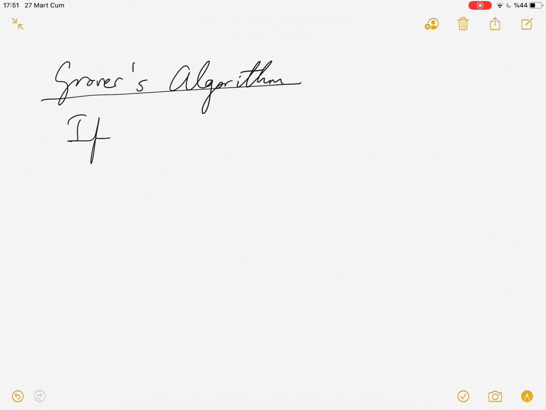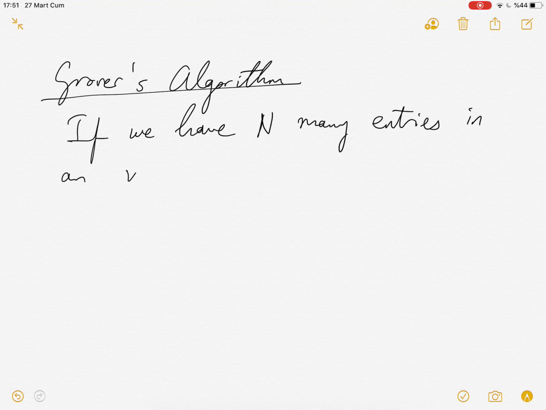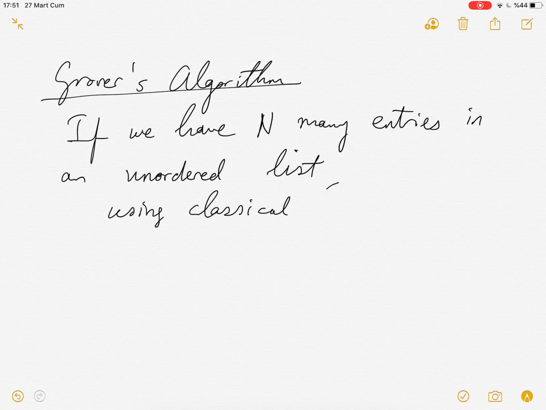So if we have n many entries in an unordered list, then using classical computation, we can solve this problem, and suppose that we have only one key value that we're trying to find.